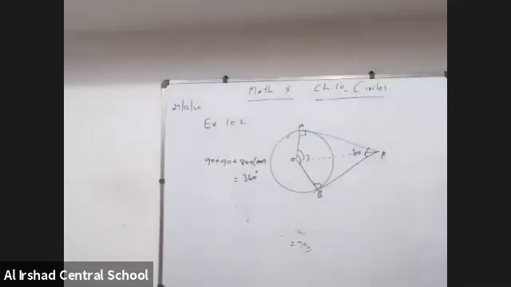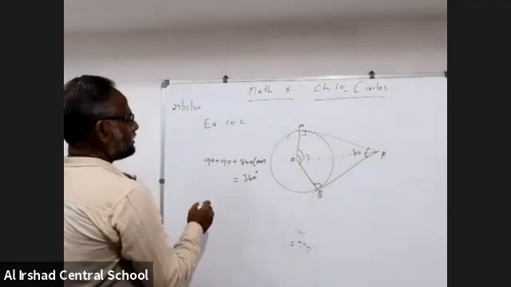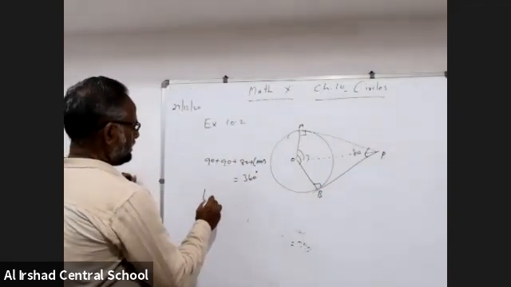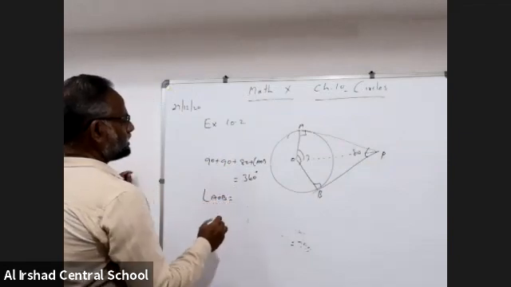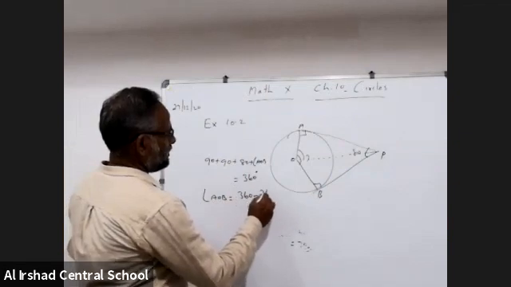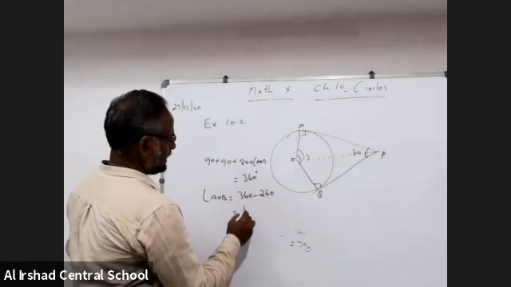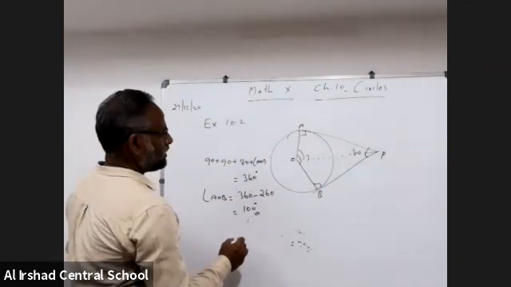Total angle is 360. So we got AOB: 360 minus 90, 90, 80, that means 260. So angle AOB is equal to 360 minus 260, that means exactly 100 degrees.